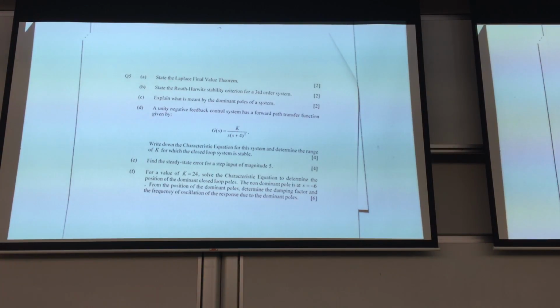Okay, so you can see this is: explain what is meant by the dominant poles of the system. As we mentioned before, dominant poles of the system primarily are those... So if you want to explain this, though it's 2 marks, you draw the complex S plane and then you indicate the poles.